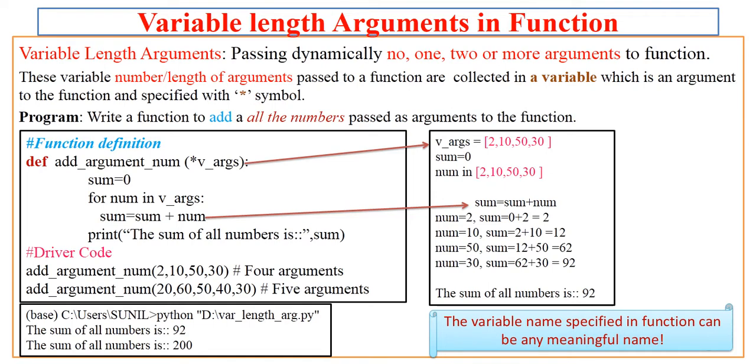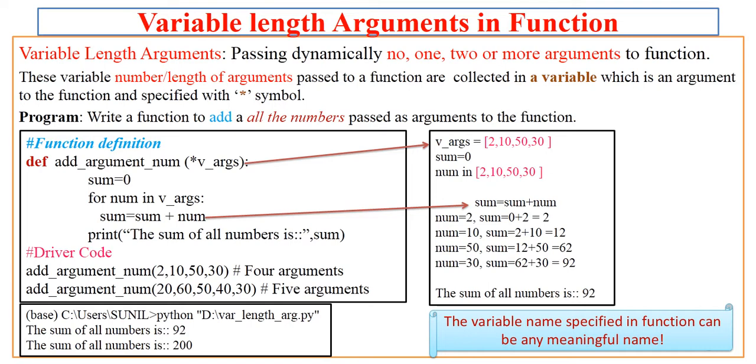Now variable number of arguments, or even also called variable length of arguments, passed to the functions, are collected in a variable which is an argument to the function and is specified with star symbol.